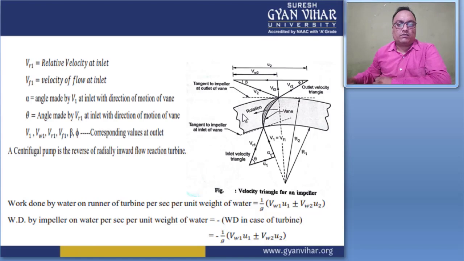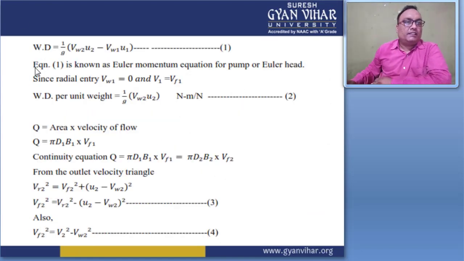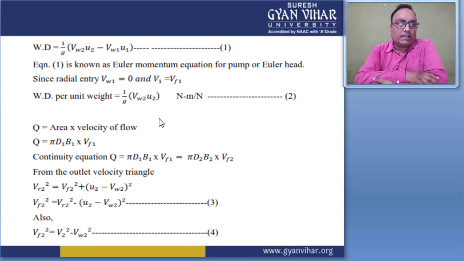So move to the next page. Here work done equals 1 by g (Vw2 U2 minus Vw1 U1). This is equation number 1, and we know that equation 1 is the Euler momentum equation for the pump, or we can say this is the Euler head.